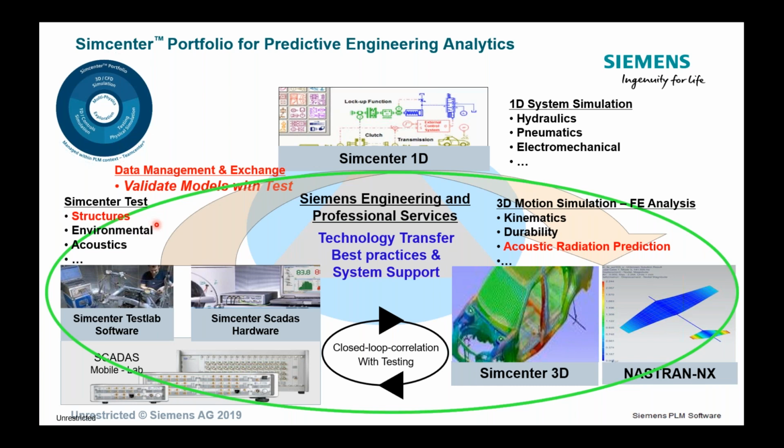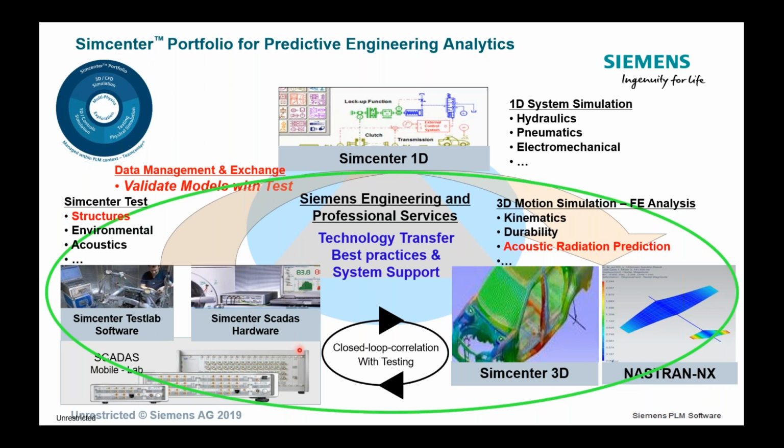So with our portfolio, we offer Testlab software and also SCADAS hardware. But for the customer, it depends on whatever is appropriate as far as what you use for acquisition. And so our study today, of course, uses the Polytec laser vibrometer.